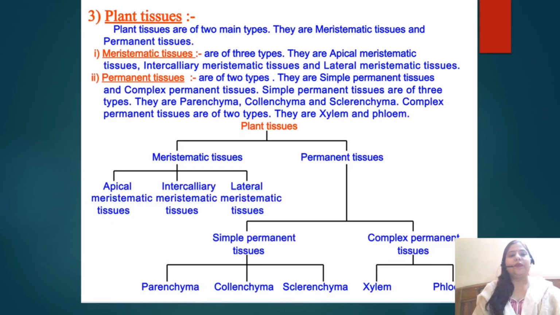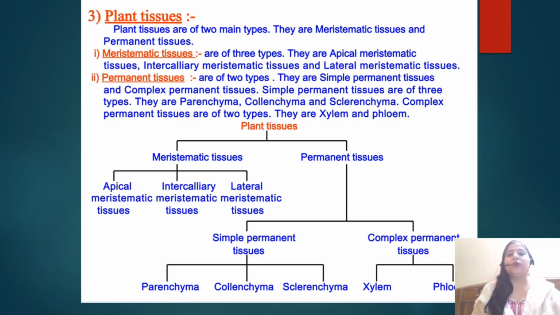So let's understand first of all about different types of plant tissue. When we talk about plant tissues, I have already explained this flowchart during the introduction of the chapter, that plant tissues are of two types: meristematic tissue and permanent tissue, right? Meristematic means they have the power of growing or dividing continuously throughout their life.